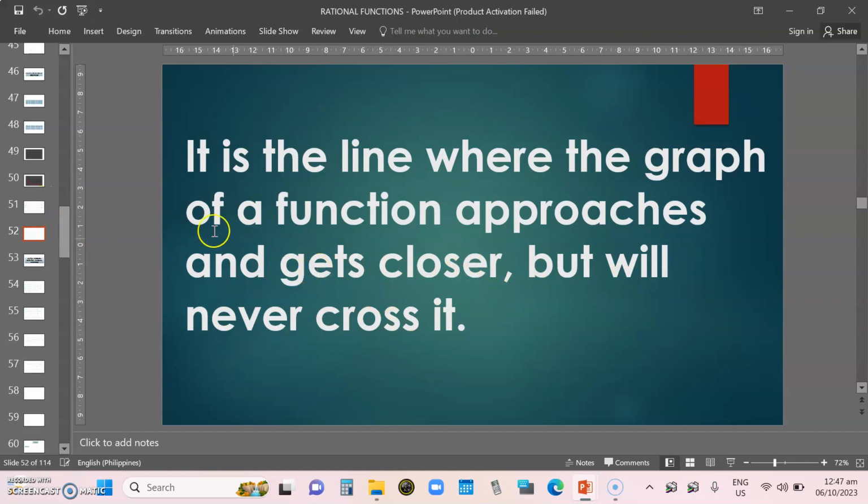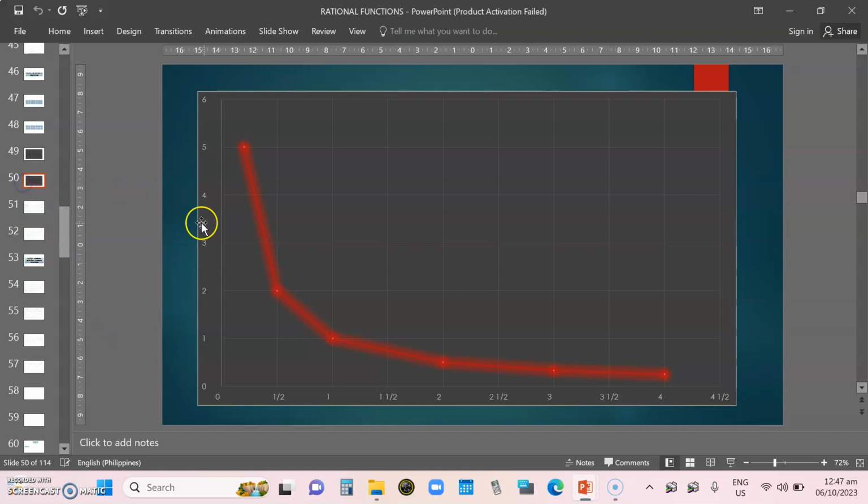No matter what, it will not touch your x-axis. It just gets closer to the x-axis, but it will never touch it. Like in Moira's song, pinagtagpo, pero di nadhana.